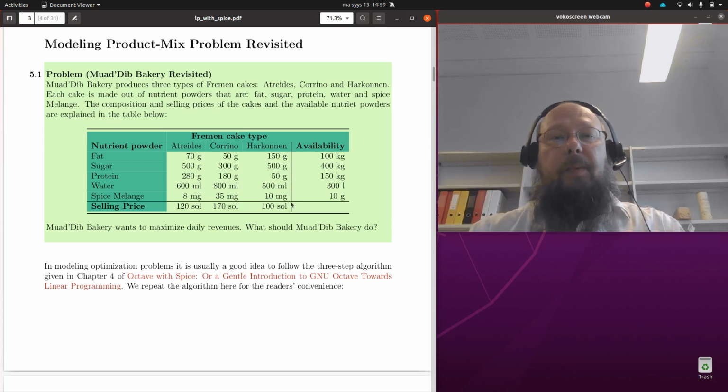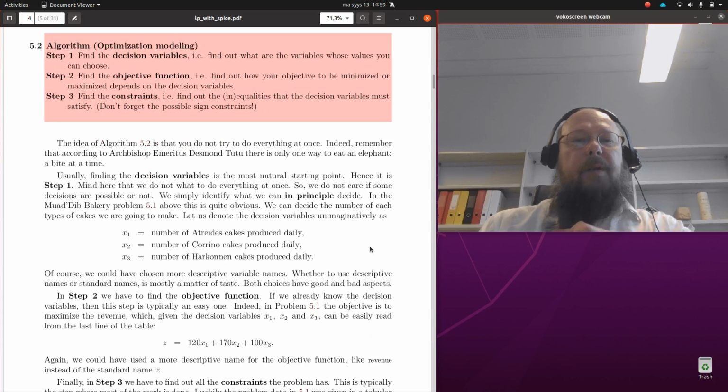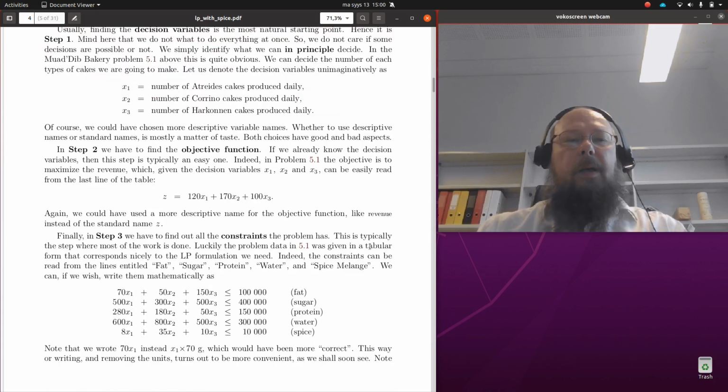So for example, in the spice melange it's milligrams on the left hand side, so on the right hand side it should be milligrams also, which is just multiplied by 1000. And luckily it's actually multiplied by 1000 for every one of them. All right, so that is how we got these constraints.